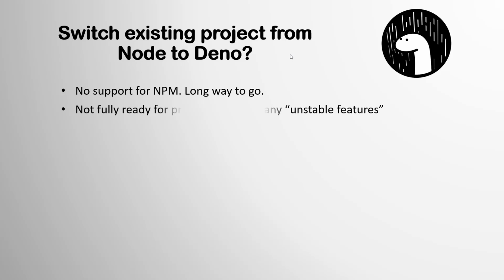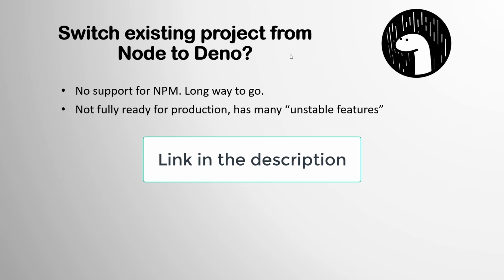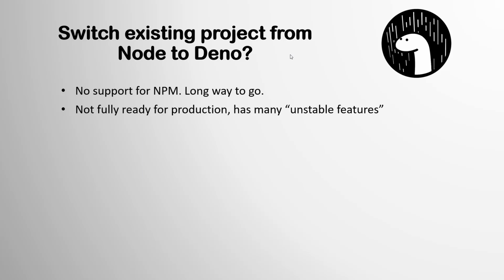And it's not fully ready for production as well. It has many unstable features, which if you want to take a look, you could go to deno.land, their official page, and see what features at the moment are considered unstable and hence not good for production use.